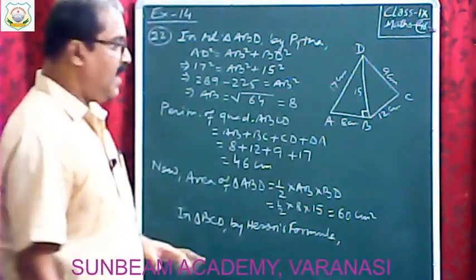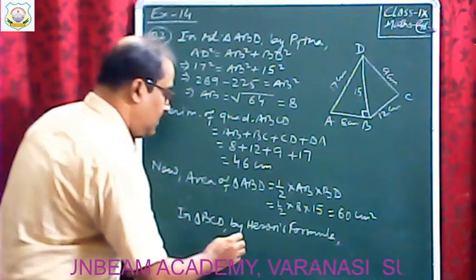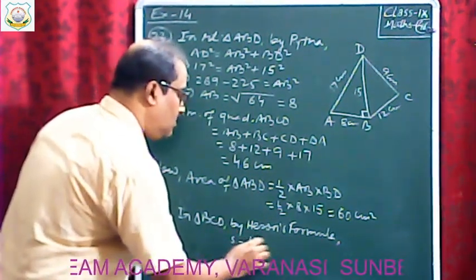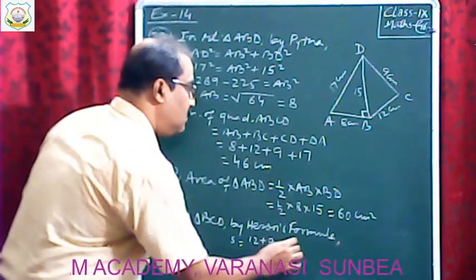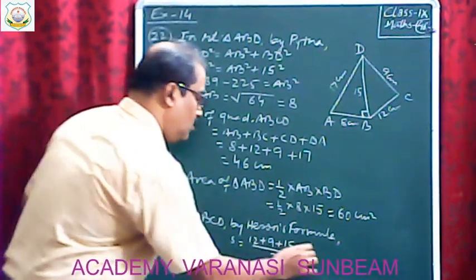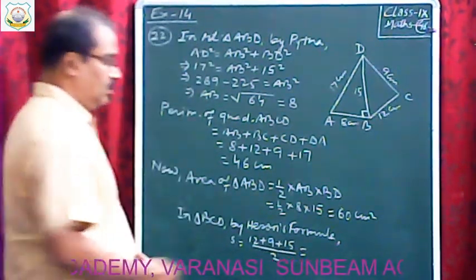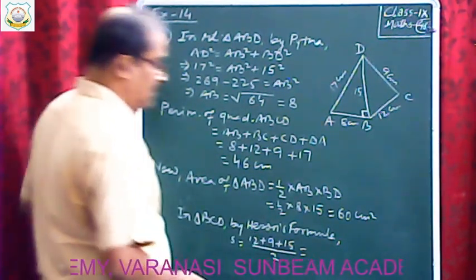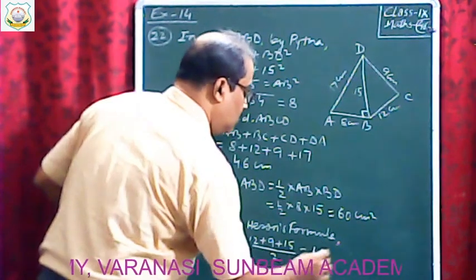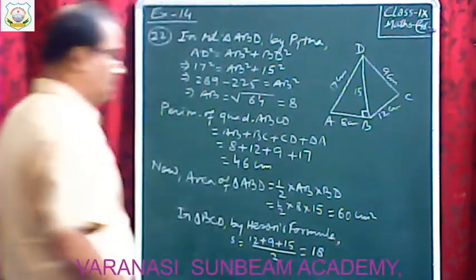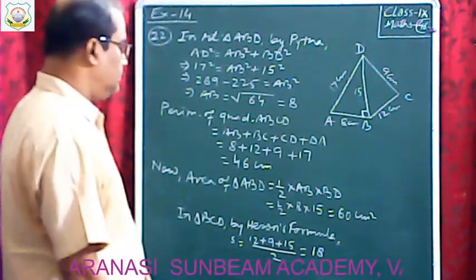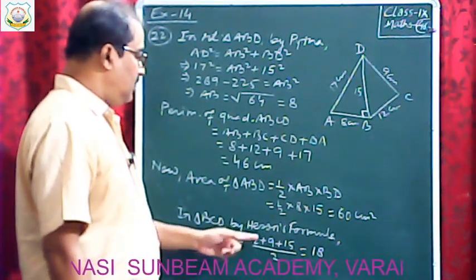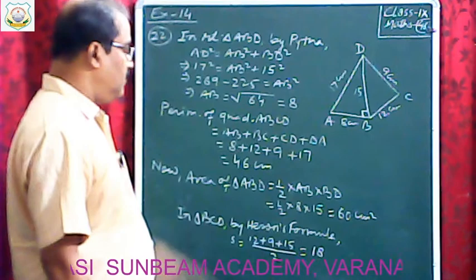All three sides we have. Semi-perimeter we have to find. S equal to 12 plus 9 plus 15 by 2. You get 12 plus 9, 21 plus 15, 36 by 2, 18.